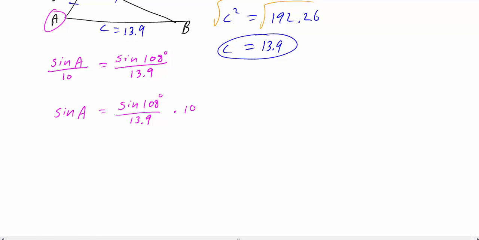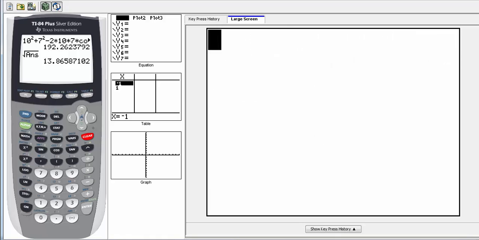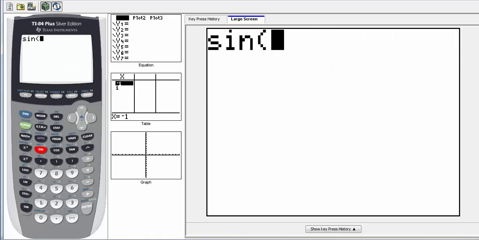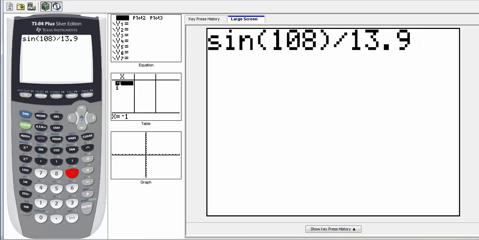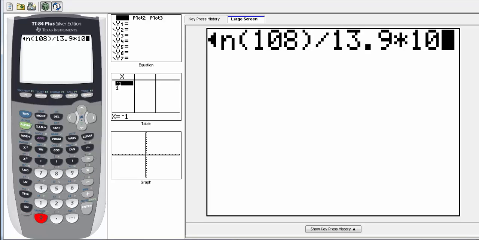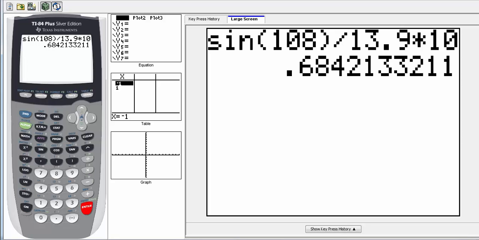So if we go to the calculator, we would end up with the sine of 108, and I'm going to close the parentheses. We're going to divide that then by the 13.9, and notice that's going to divide, then we're going to multiply by 10, and we get 0.6842.